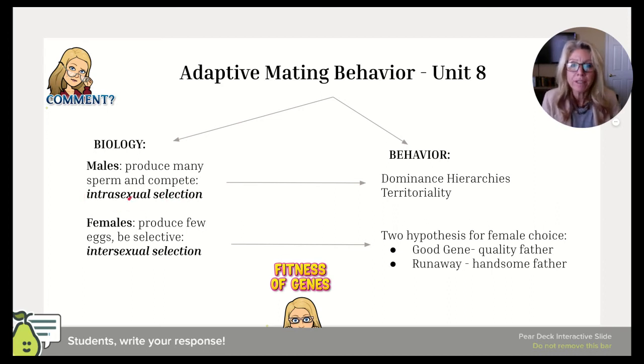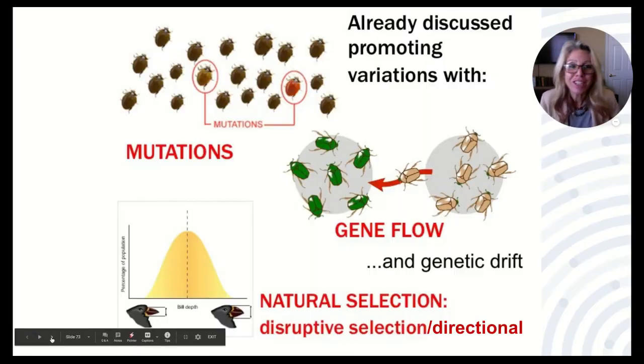So that's intrasexual selection. What kind of behavior does this lead to? Dominance hierarchies and territoriality. Females produce few eggs, so it's better to be selective with the few eggs you make, and that leads to intersexual selection. Will I choose Joe or Jim? And there are two hypotheses for that choice, good gene and runaway. Okay, all right, so little sidetrack there.